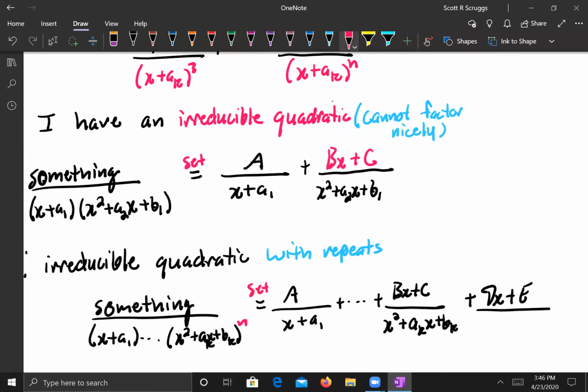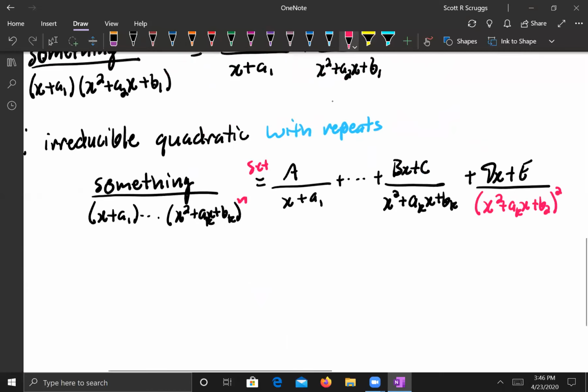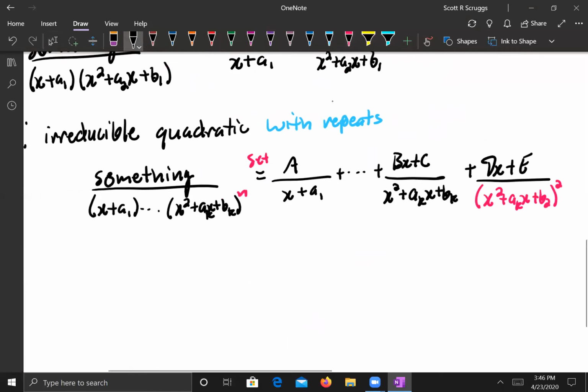So instead of moving on, I would write into my new denominator the same quadratic from before, but now squared. And just like with a linear in my denominator with repeats, I keep going with that pattern. Let's say I ended at x and t.